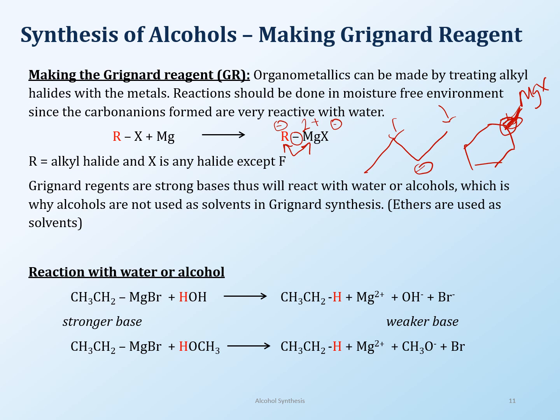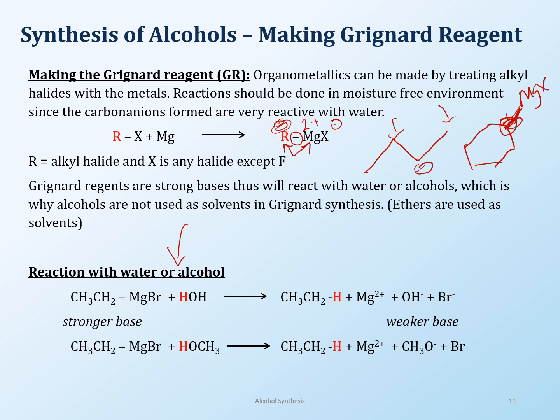Next thing that you need to understand is that the R group here is extremely negative, right? That's the carbon anion. So what happens with the carbon anion? I've written these reactions down here to show you what happens with Grignard if you treat them with water and with alcohol.